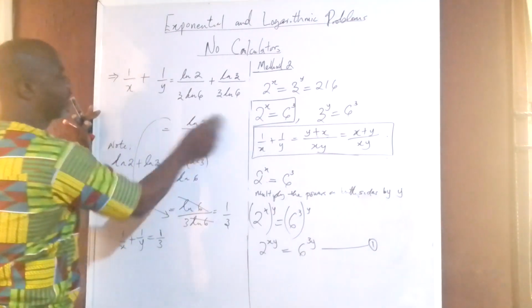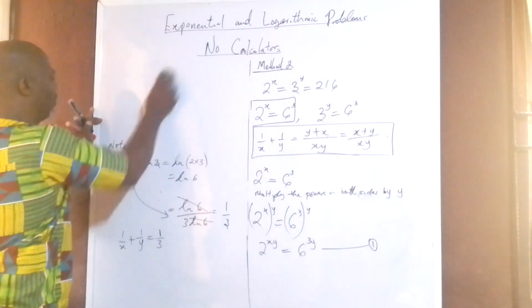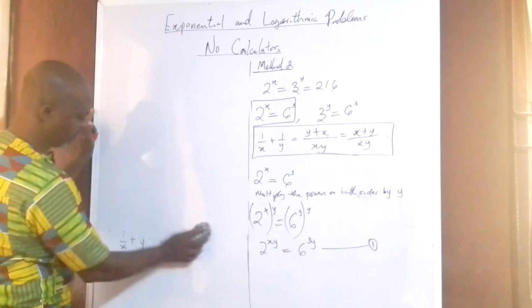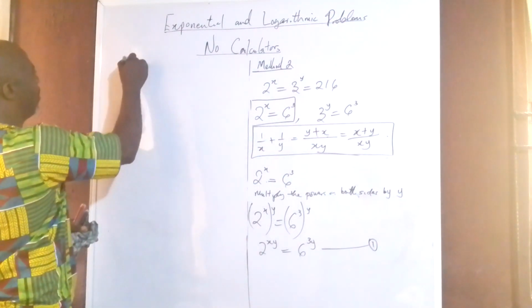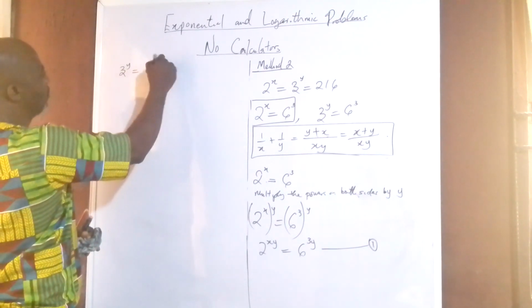We also do the same thing for the other part, which is 3 to the power of y equal to 6 to the power of 3.